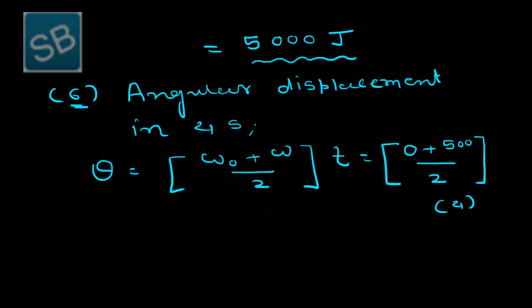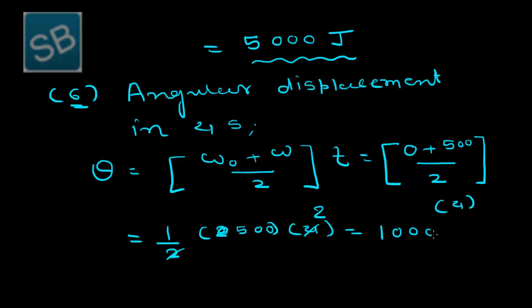This 4 we have used to apply the time, and so 1 by 2 into 250, sorry, here 500 will come into 4. So 2 to the 4, so the final answer will be 1000 radian. So this much displacement has been done by the hollow cylinder in 4 seconds.